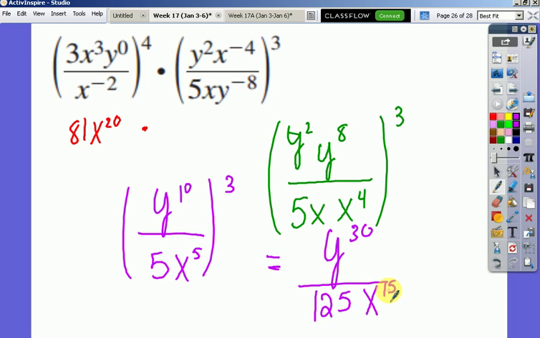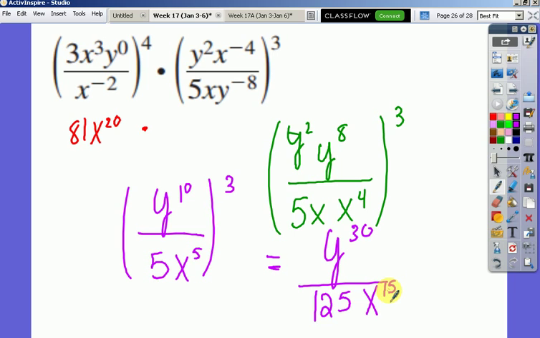But does this make sense so far? Oh, you mean here? Yeah, we're going to get there. But does up until this point make sense? That's y to the 30th, because it was y to the 10th raised to the 3rd.